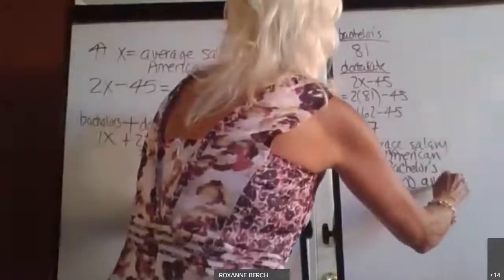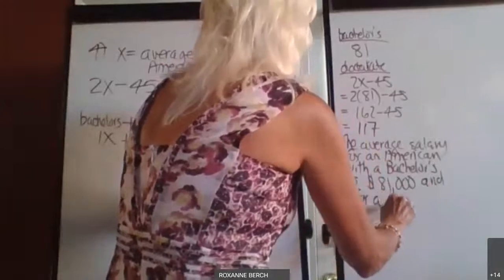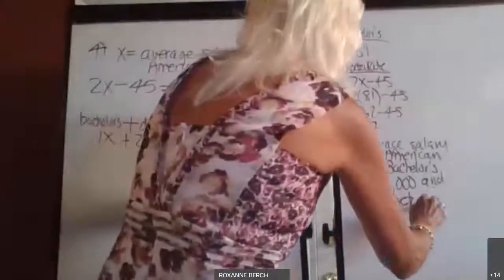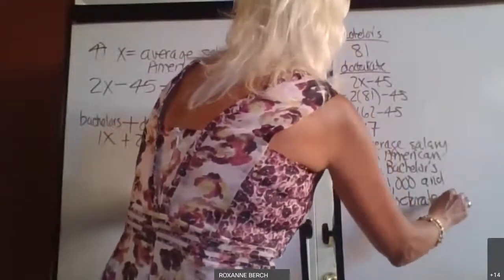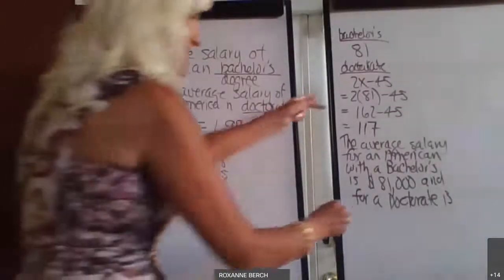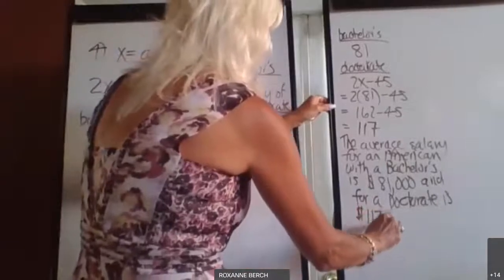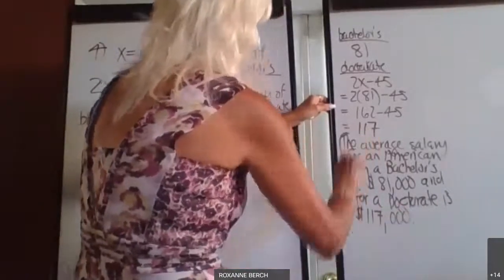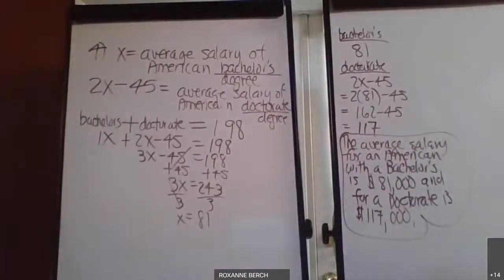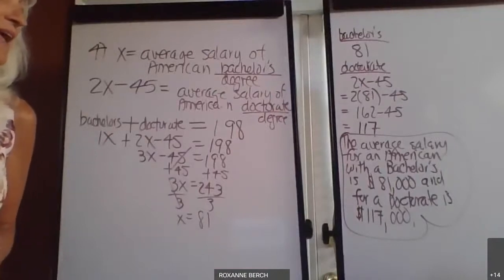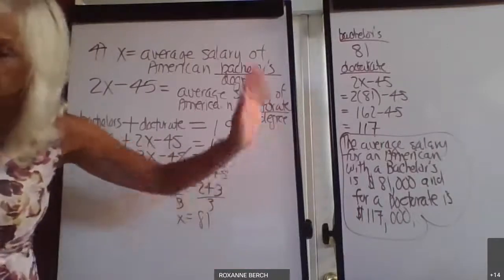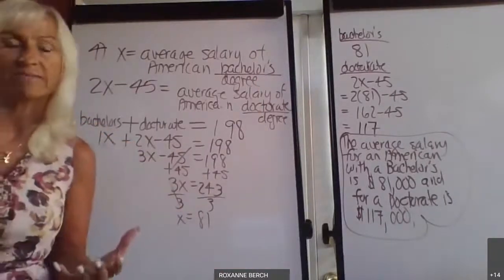And for a doctorate, which is 6 years, or actually it's like 8 years, gonna be more, $117,000. So the average salary for an American with a bachelor's degree is 81 grand, and for a doctorate is 117,000. But you have to go through more schooling for the doctorate, and you get the title doctor.